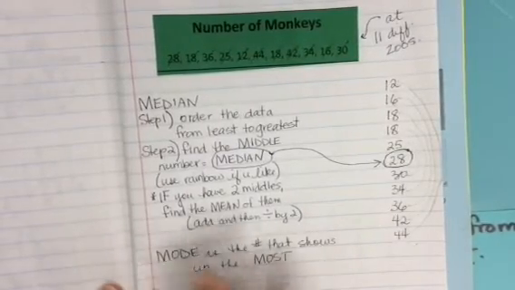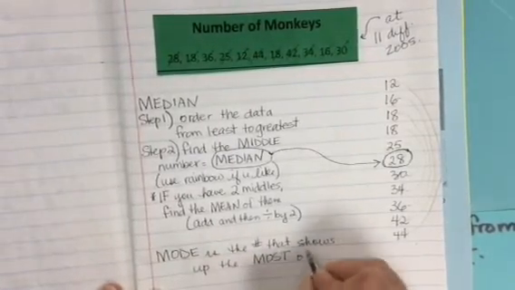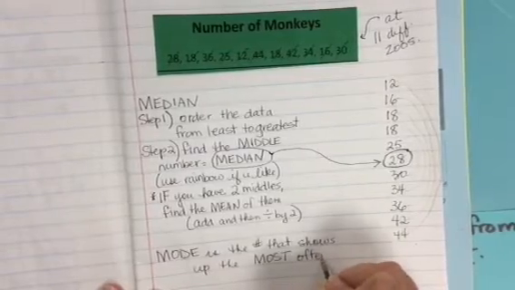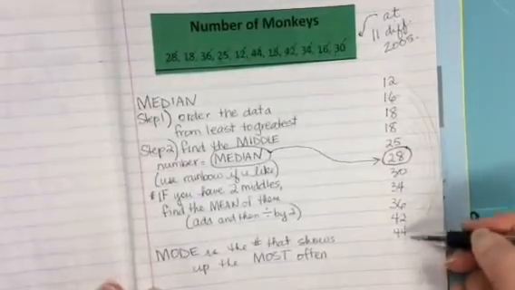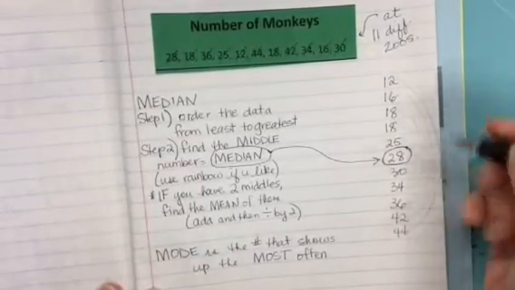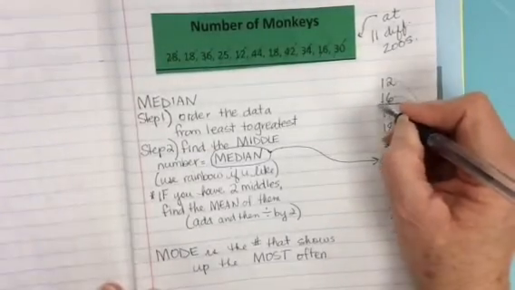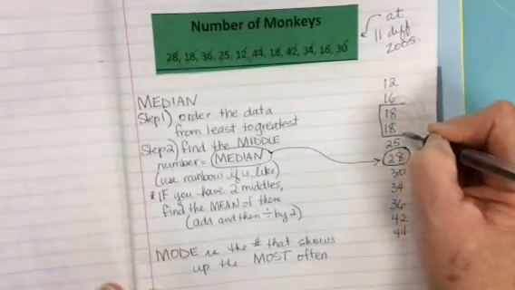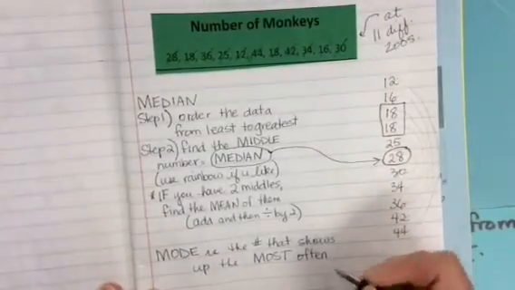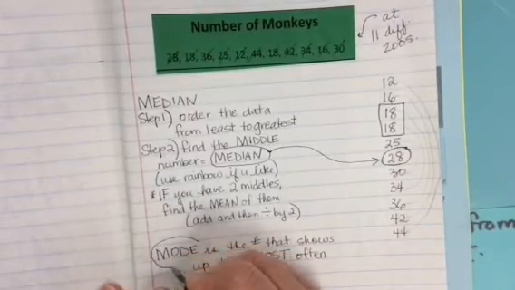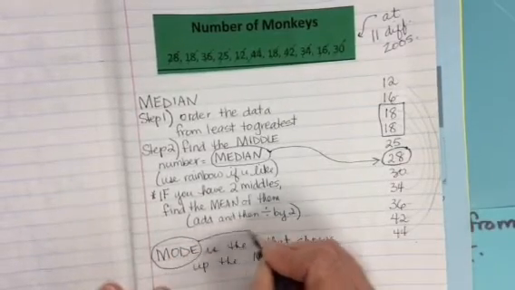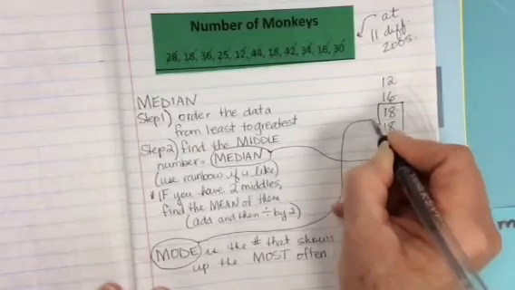So get it, mode, most, shows up the most often. Looking at my data, there's only one number that's repeated, and that's this number 18. So this 18 is my mode.